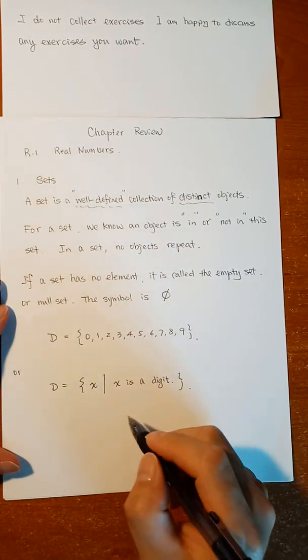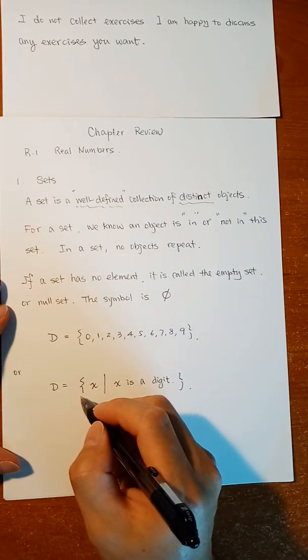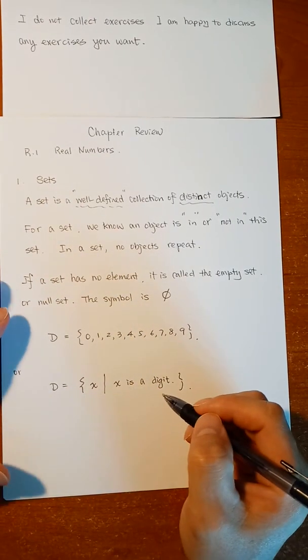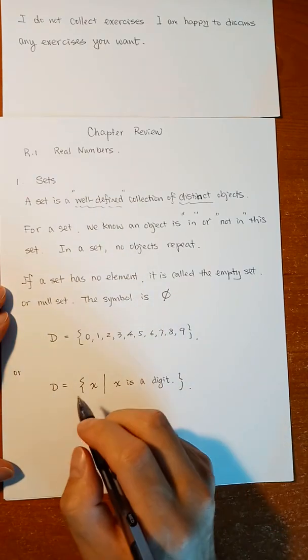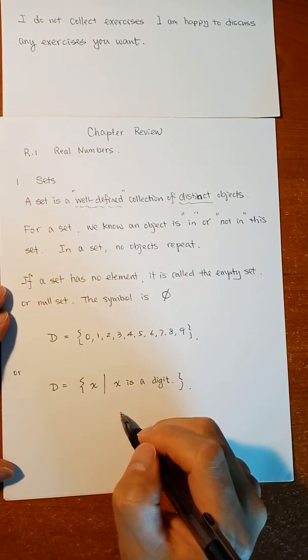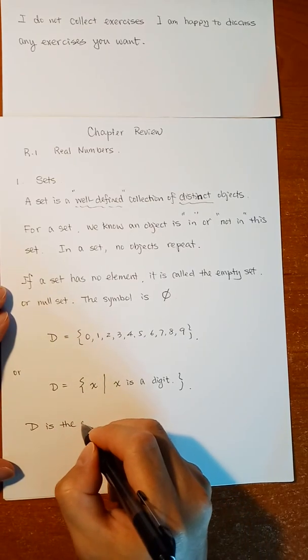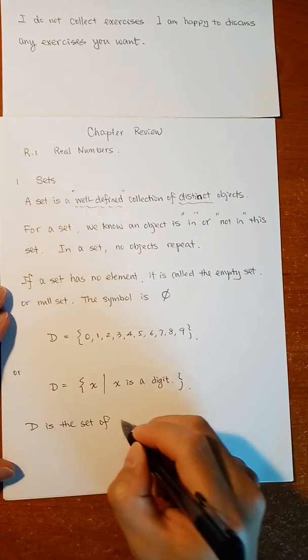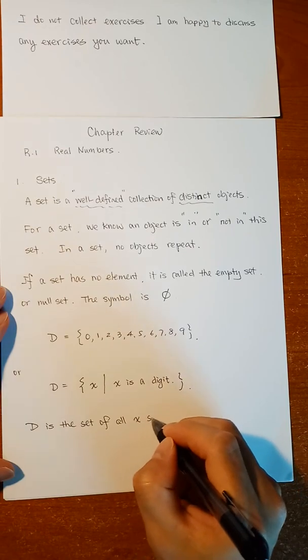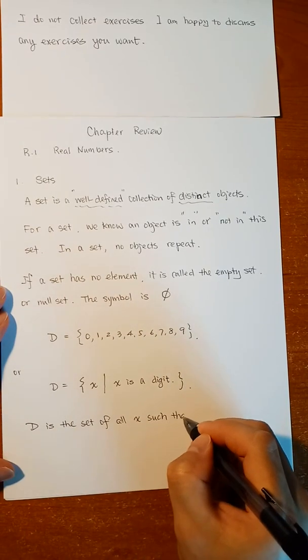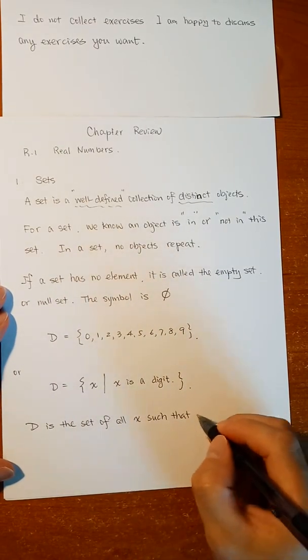If the object is a digit, it belongs to the set D. In the book, you can read it as: D is the set of all X such that X is a digit.